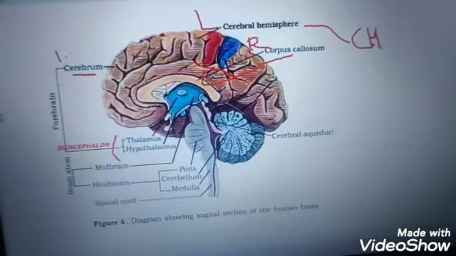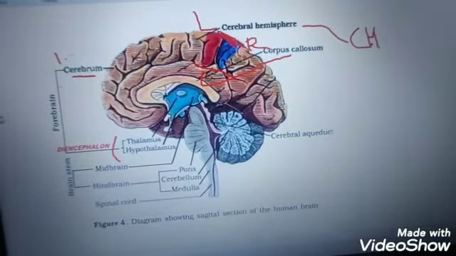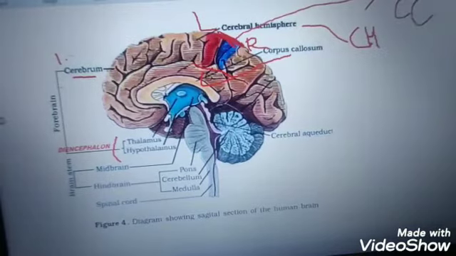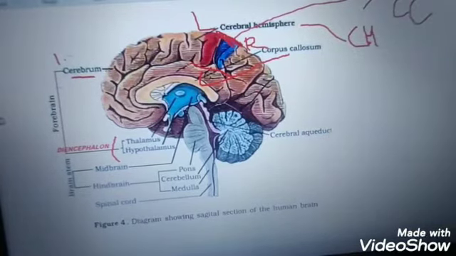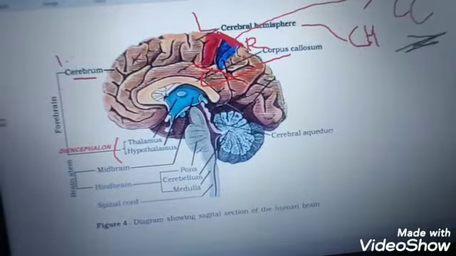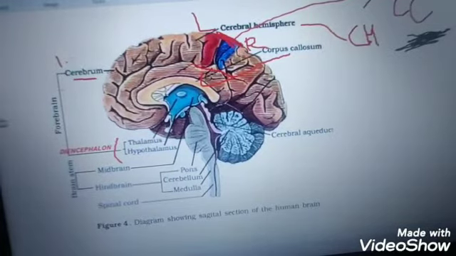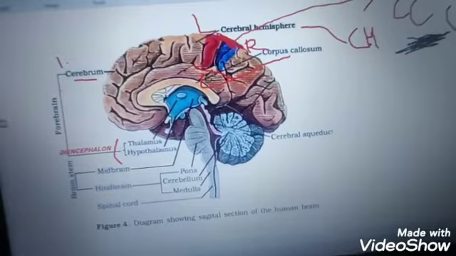The layer of cells covering the cerebral hemispheres is called cerebral cortex. The cerebral cortex is grayish in color, thus it is called gray matter.